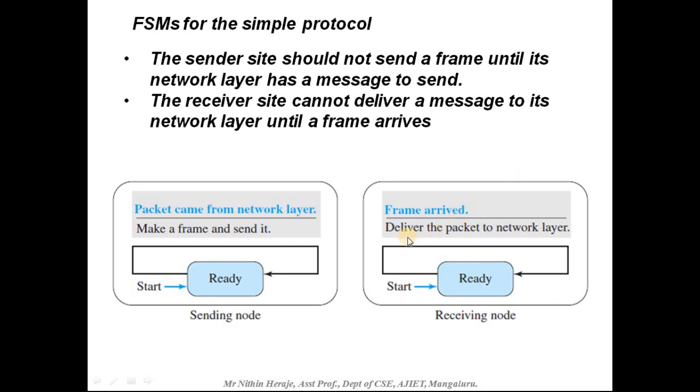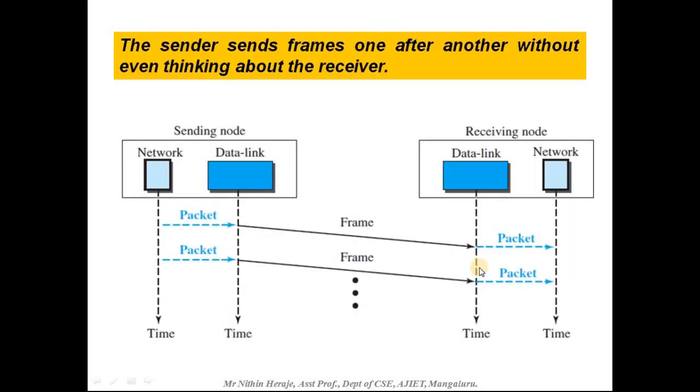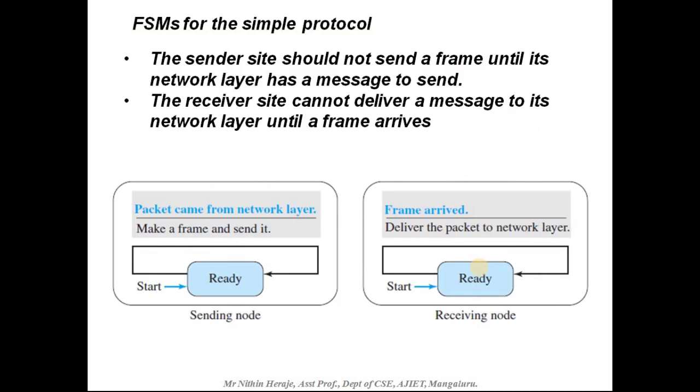So when this event occurs, it will perform this action and then return to the same ready state, indicating that it is ready to accept frames from the source node. Okay, so that is about the FSM of the simple protocol.